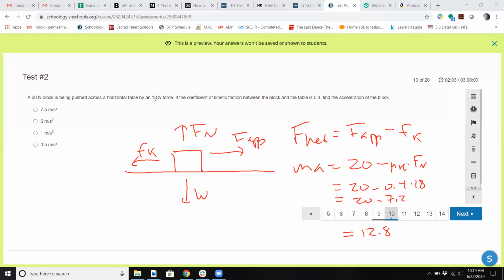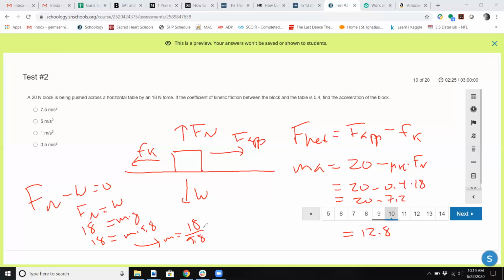Now, what's the mass going to be? Well, here's the deal. We also know Fn minus W equals 0, or Fn equals W, which is the mass times gravity. If that's 18, and gravity, of course, is 9.8, we can solve for our mass, which is 18 over 9.8.